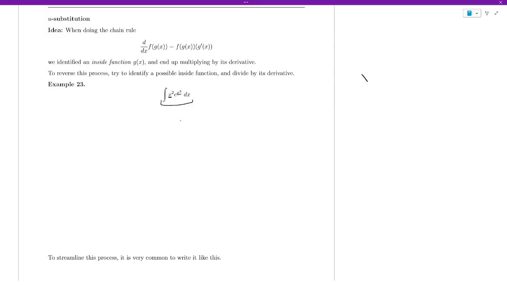I'm thinking off to the side, or in my head, that x cubed's derivative is 3x squared. And so there's a connection between x cubed and x squared. So that's a hint that there's a chain rule happening. You spot that one part of the integral is the derivative of another part of the integral.